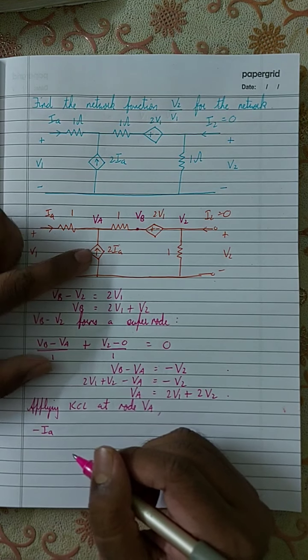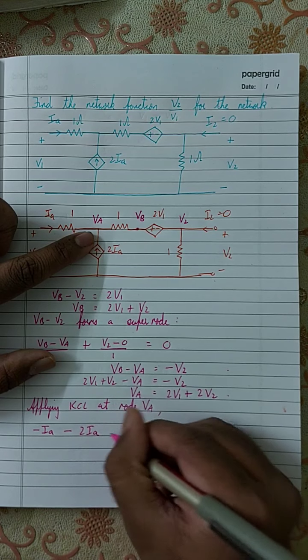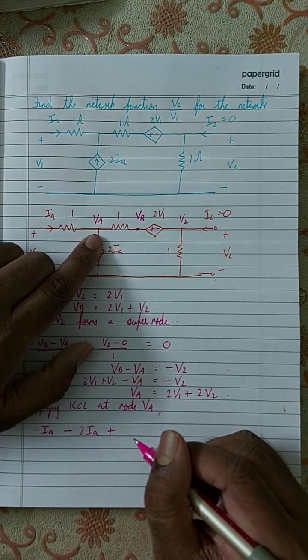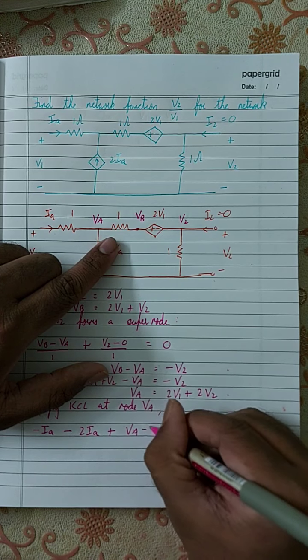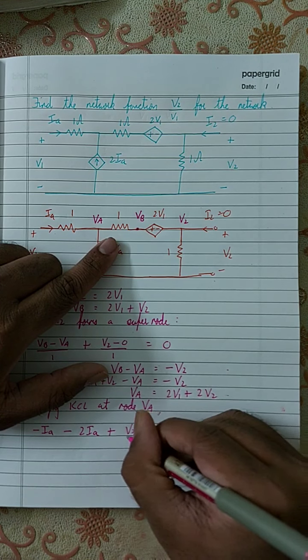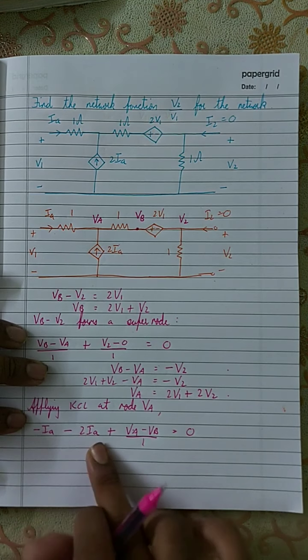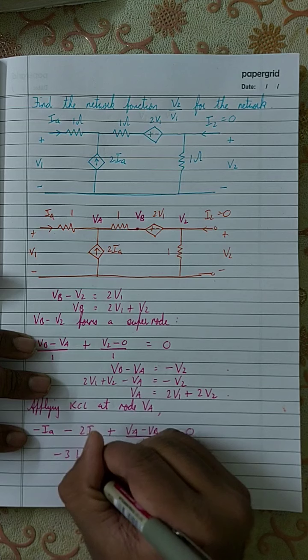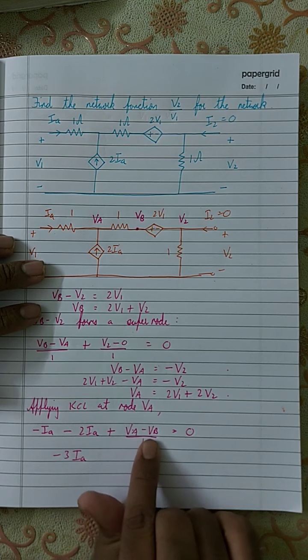And here also this current is incoming. So it is minus 2IA. Plus, the current in this branch from VA to VB is VA minus VB by 1, equal to 0. Okay, I can combine these two. So this will become minus 3IA, and you see here is written VA minus VB.